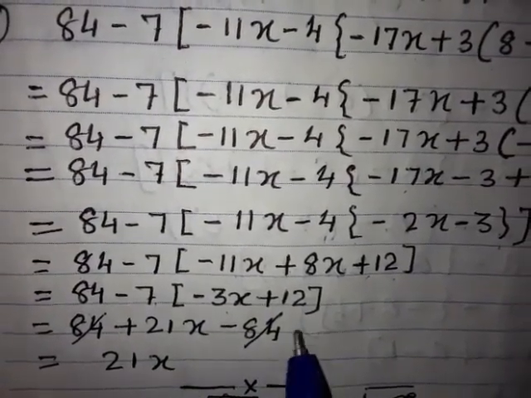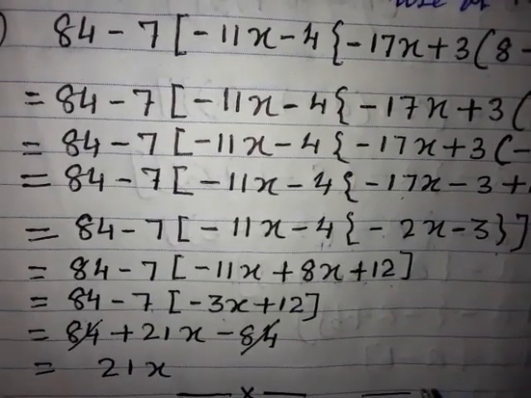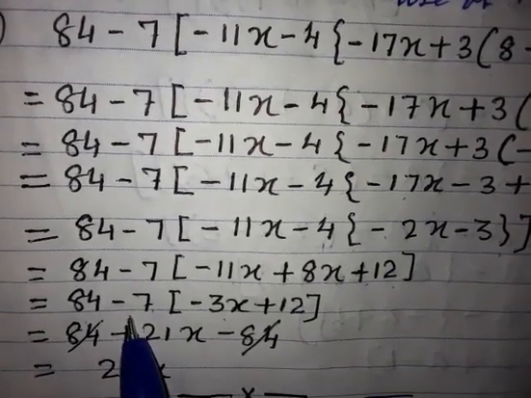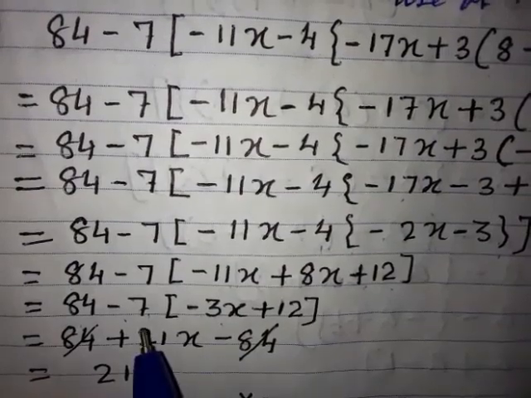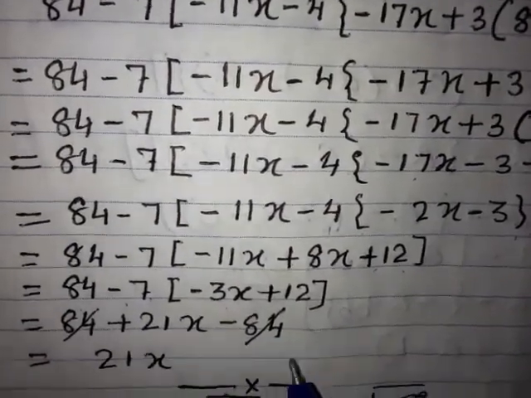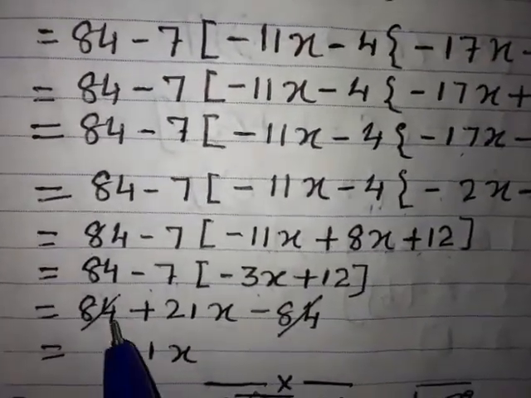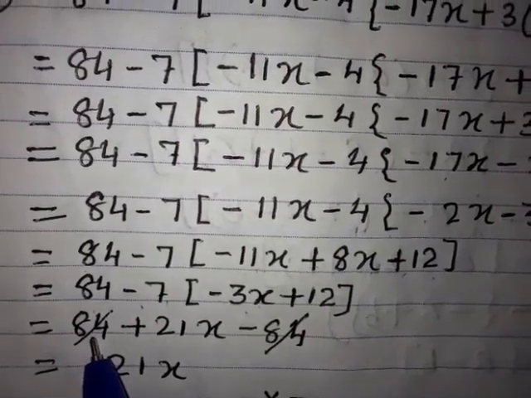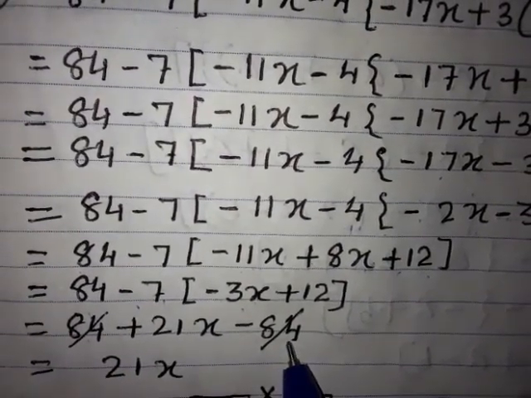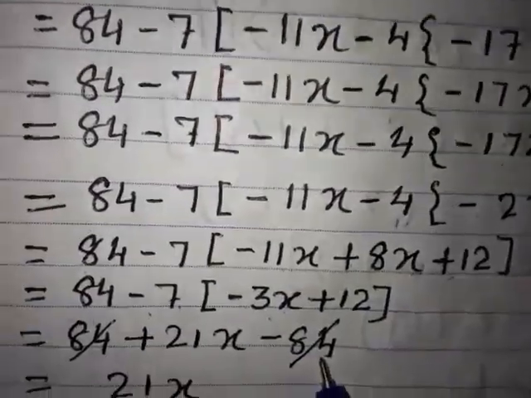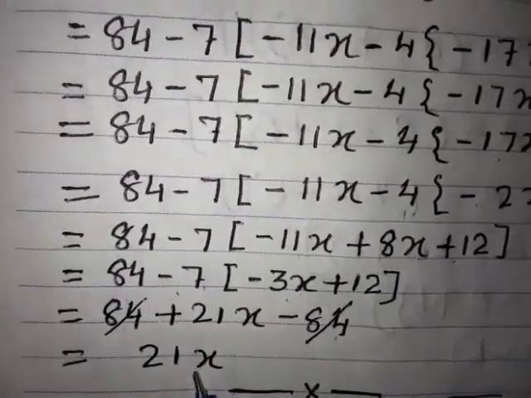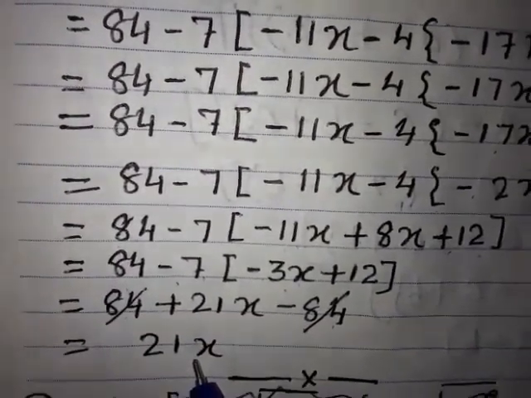Now we are going to remove the third bracket. So again, as per the same rules, outside the bracket minus sign, so inside the sign will change. With 7 will multiply both these things, and after doing the calculation, you must have seen here you got 84 plus, 84 minus, 1 is plus, 1 is minus, both will cancel, only 21x will be left over. That's the answer for this question.